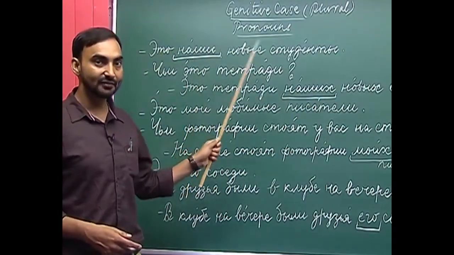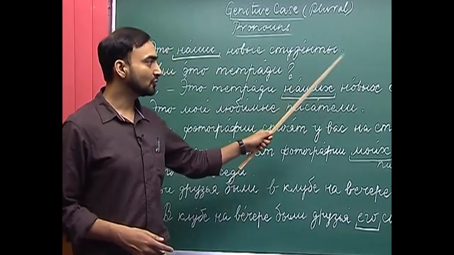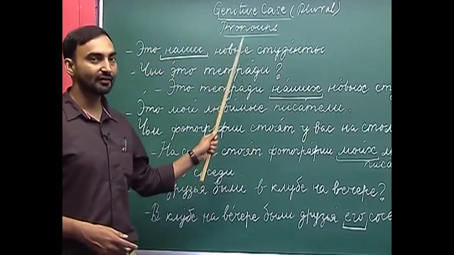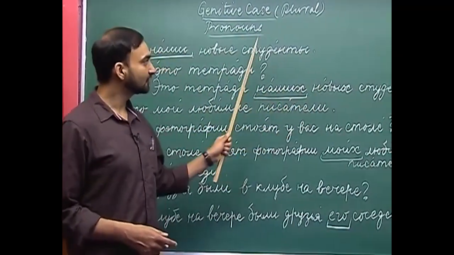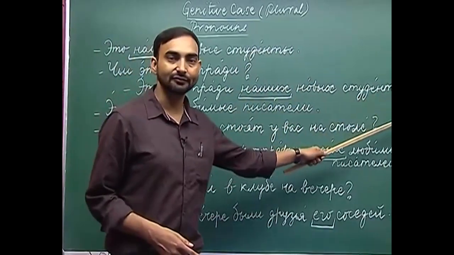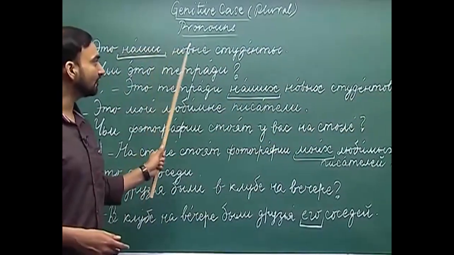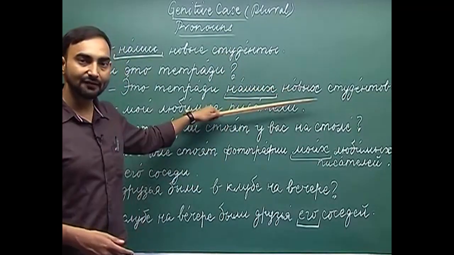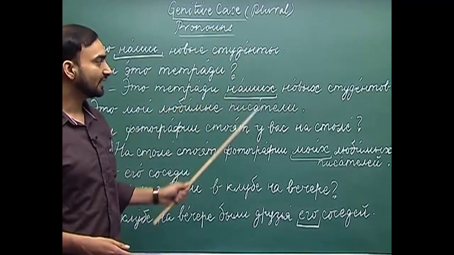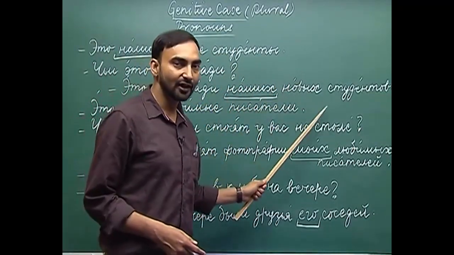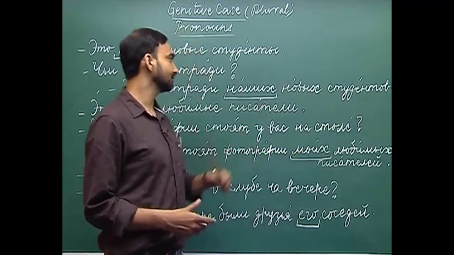Nashi changes to nashikh. Novie, novikh; studenti, studentov. So, nashi novie studenti in the genitive case changes to nashikh novikh studentov.